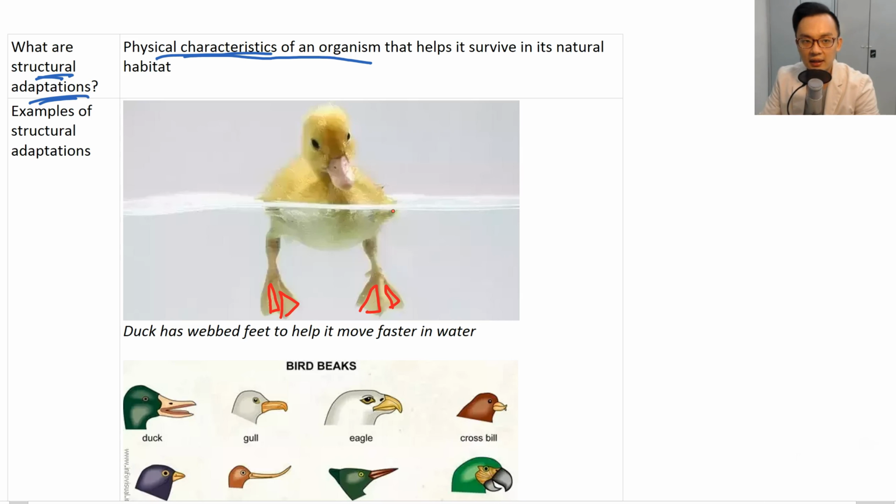There's nothing the duck can do to create webbed feet. This is what they have. And therefore, these are structural adaptations to help the duck swim faster. So the duck has webbed feet to help it move faster in water.